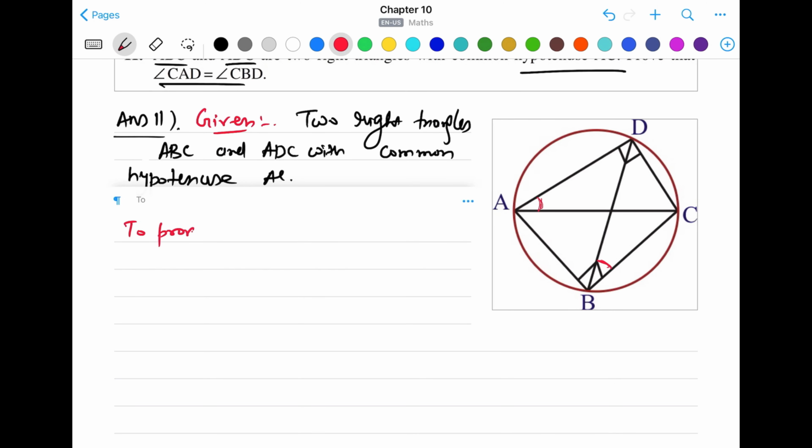We have to prove that angle CAD is equal to angle CBD.